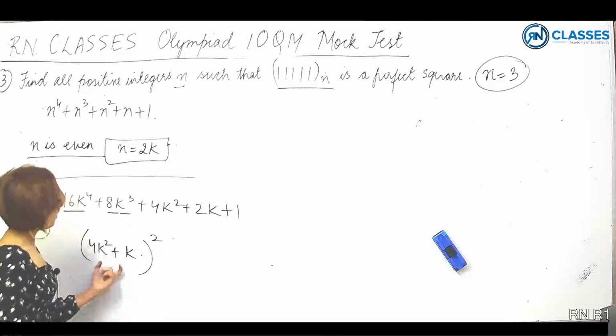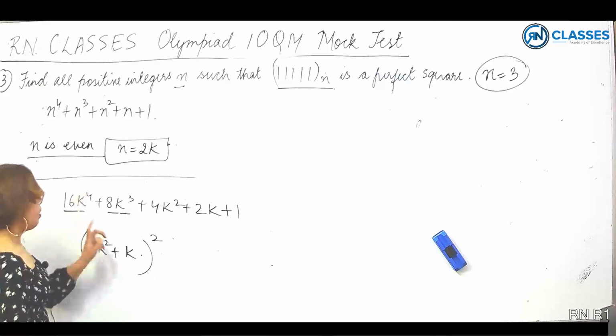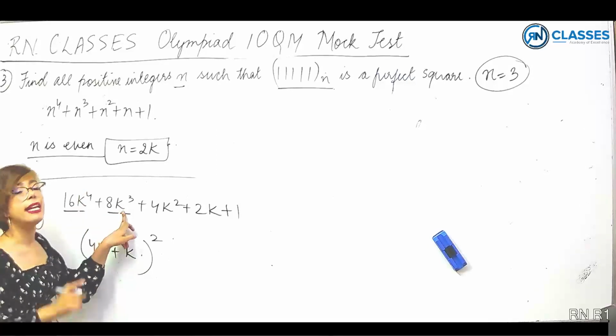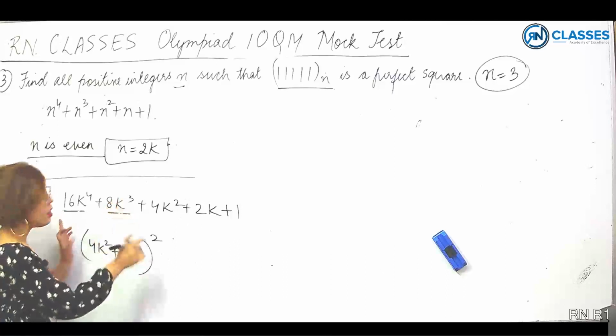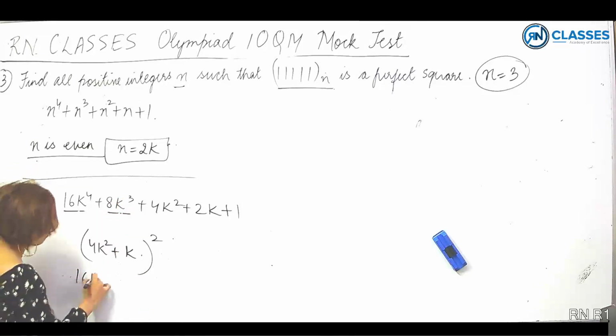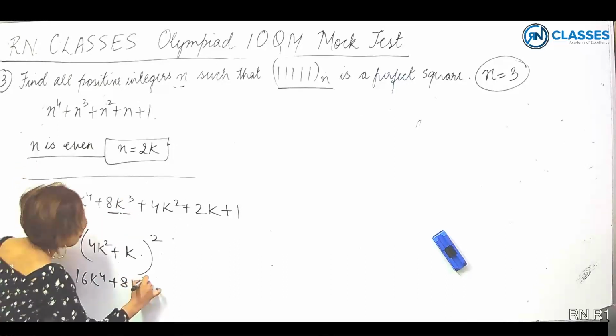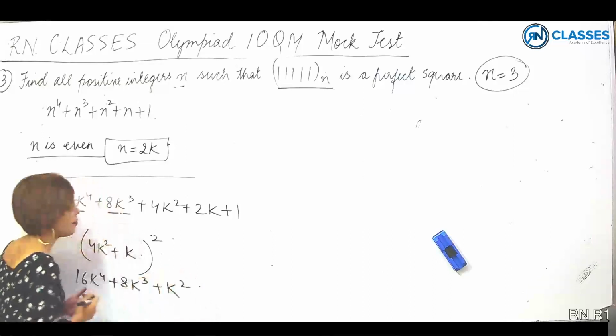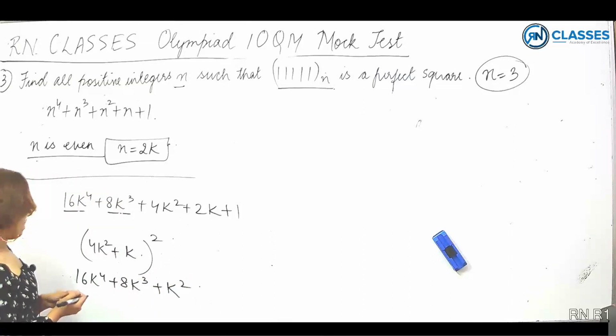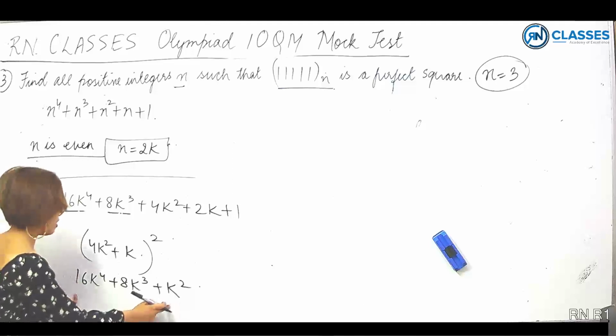Because when I square this quantity, I get 16k raised to 4 plus 8k cube. It will be the same. So let me write the square: 16k raised to 4 plus 8k cube plus k square.